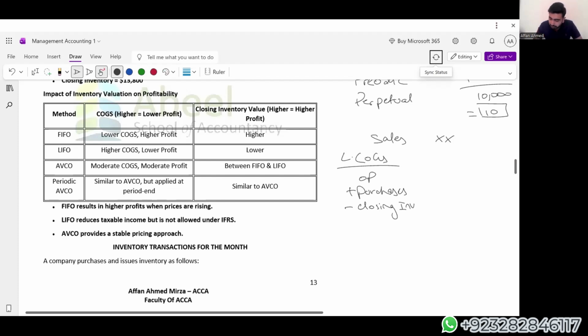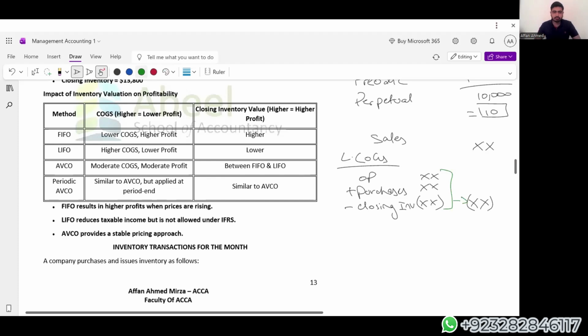And what do we mean by that? By that, we are saying that this separate calculation is going to be subtracted from your sales. The total of these three is going to be subtracted from the sales. Now, this is a basic income statement method of using your cost of goods sold.